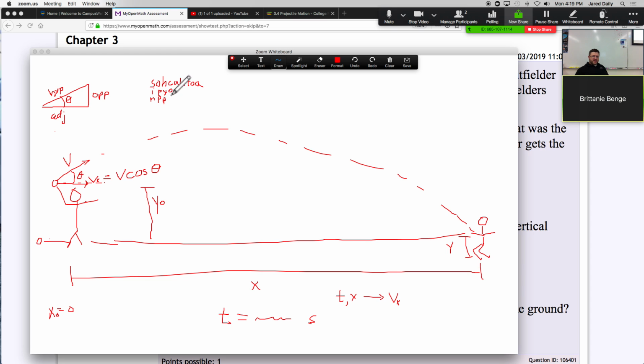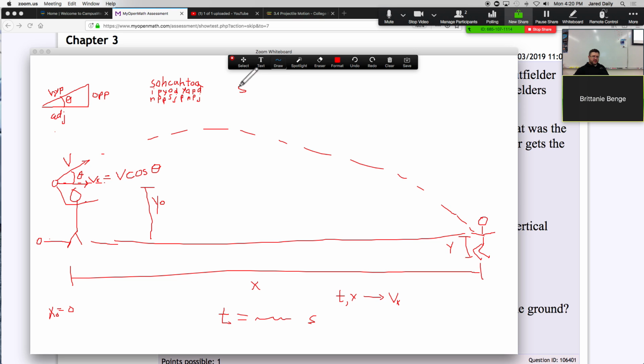And then cosine, adjacent over hypotenuse. And tangent equals opposite over adjacent. And these are the three functions and their ratios that they're associated with.